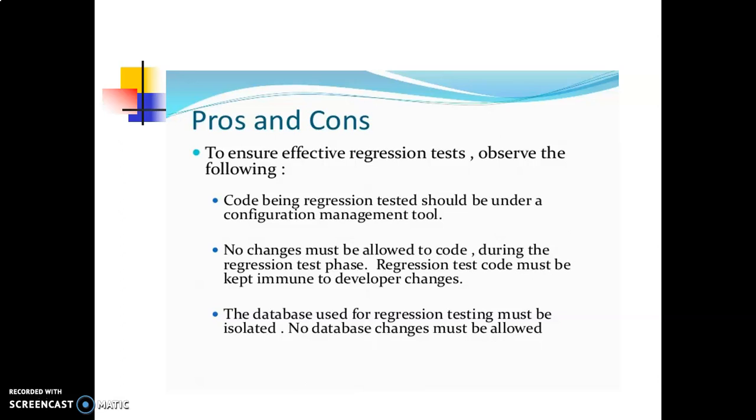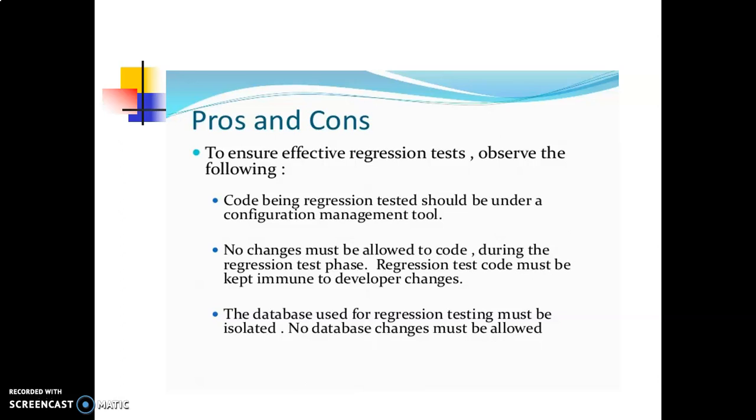No changes must be allowed to the code during the regression test phases. Regression test code must be kept immune to developer changes. And the last one, the database used for regression testing must be isolated, so no database changes must be allowed.